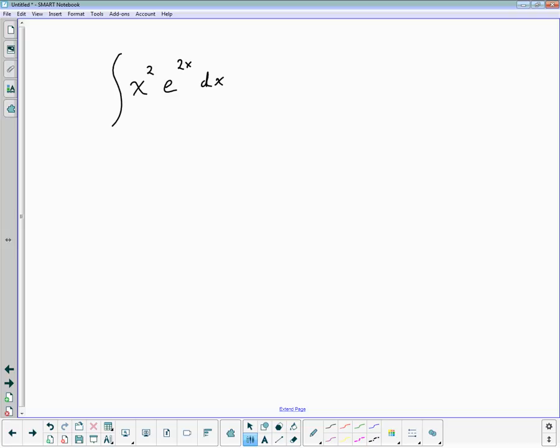Okay? So the table is a trick. It's a beautiful, nice, happy little trick, but I want to show an example, at least one, of why or what it actually does. So x squared, 2x, e to the 2x.